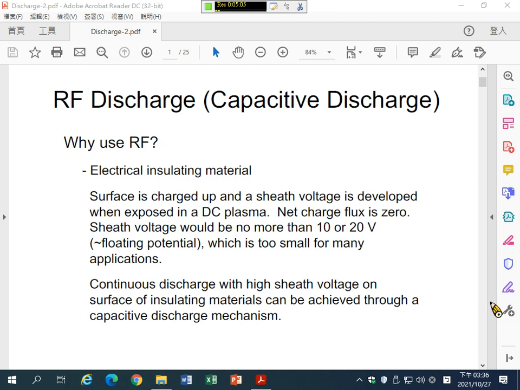Okay, so in the next two slides, Chapman explains and analyzes why the plasma cannot be continuously generated if you place an insulating material on the surface of an electrode.